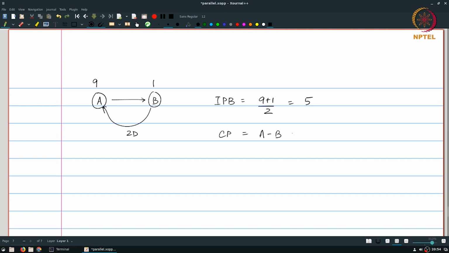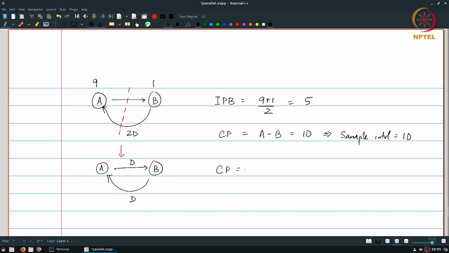There is a total time on A to B, which is equal to 10 time units, and the sample interval is equal to 10. Let's apply retiming and we end up with a modified graph which looks like one delay here, one delay here, and here comes the problem.